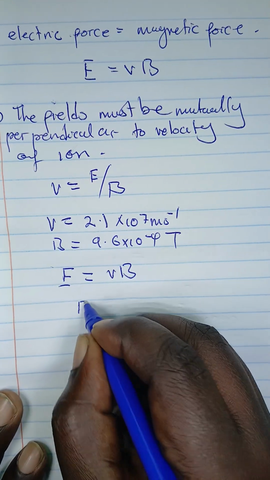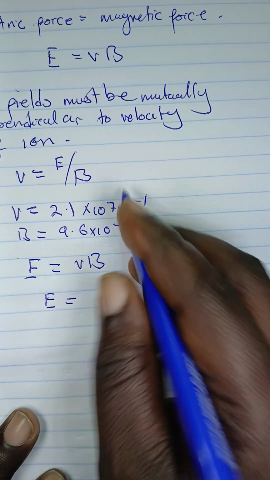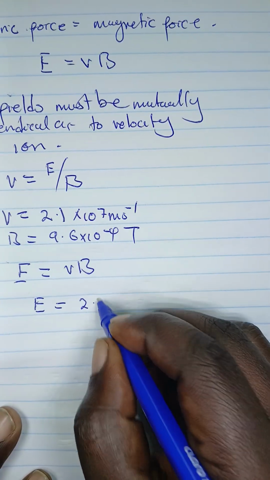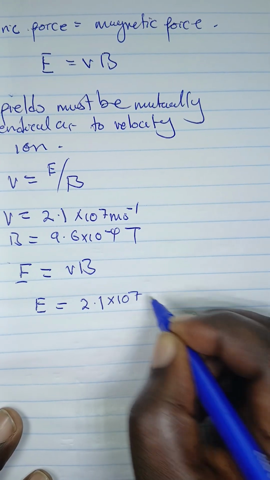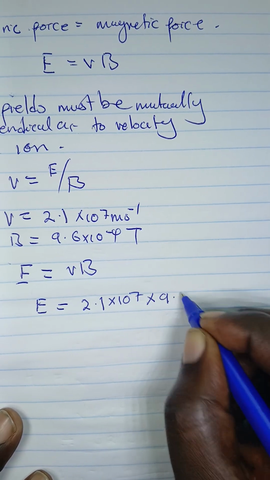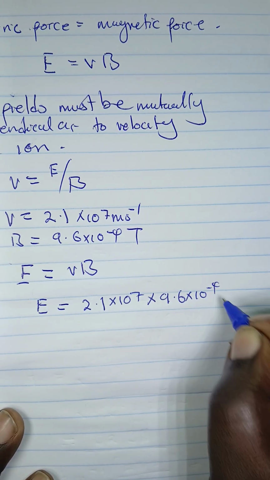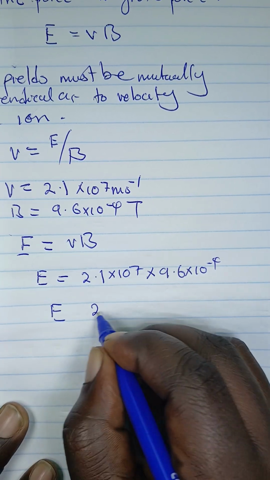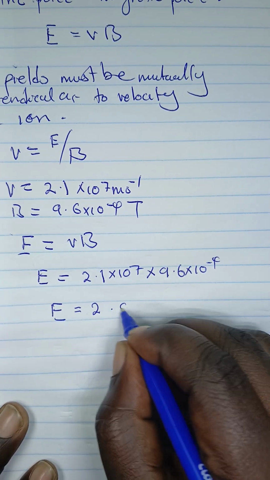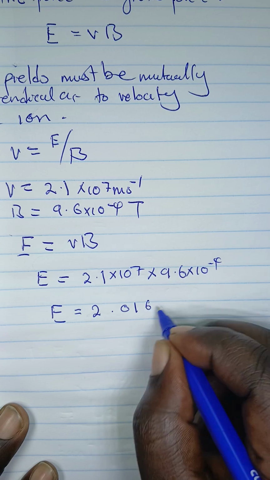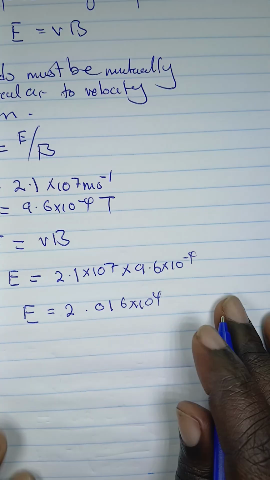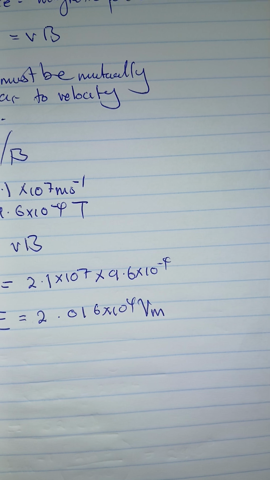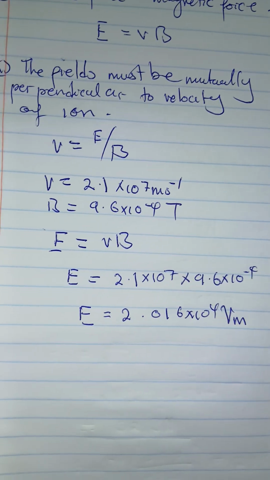Our E is equal to, multiplying these two, 2.1 times 10 to the power 7 multiplied by 9.6 times 10 to the power minus 4. So our E is going to be 2.016 times 10 to the power 4 volts per meter. Right, we've solved that one.